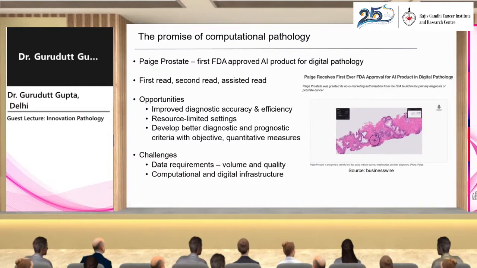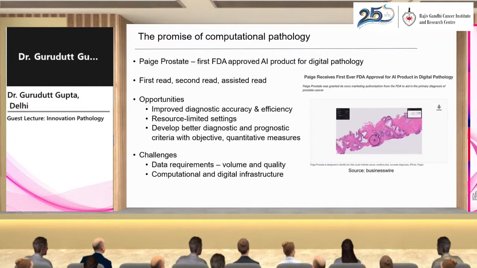this computational pathology? First, it improves diagnostic accuracy and the efficiency of the pathologist. We can say that for Paige Prostate, they showed that diagnostic accuracy for the slides screened by the pathologist in first read, second read, and then the assisted read with the AI product, improved by 7.3%.